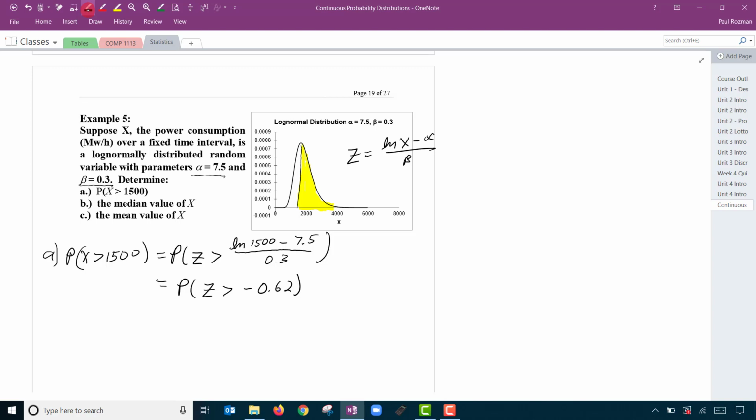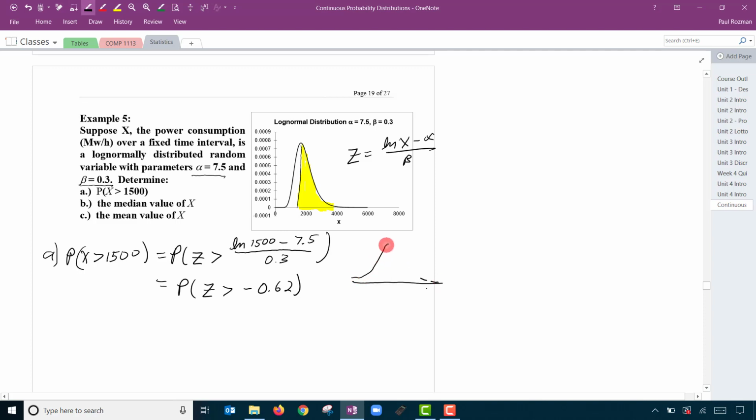So I expect this to be a fairly high probability, just looking at our pretty accurate graph, where I guesstimated where 1,500 was. So I'm expecting this to be over 50%. When we did the conversion, we want the probability of being greater than negative 0.62.